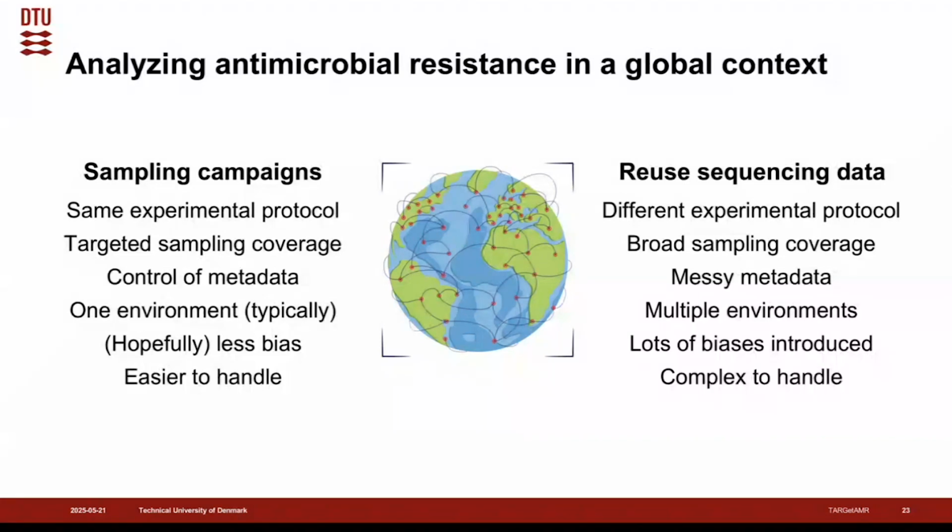I want to touch very briefly, before I end, on how easy it is to handle. 1,200 metagenomic samples is, of course, a lot to handle. However, it's a lot easier, and you can really scroll through your metadata and figure out why something was entered incorrectly.